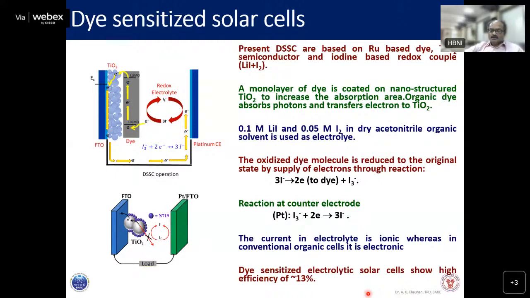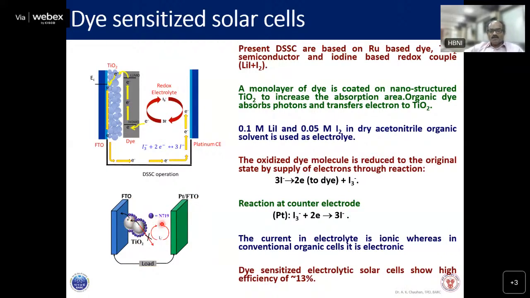Clear? So dye sensitized solar cells show efficiency of nearly 13%, and it has stagnated for many years. The efficiency is stuck because the dyes are fixed nowadays, the semiconductor is fixed, and you are using platinum and FTO as counter electrode, FTO and then TiO2.